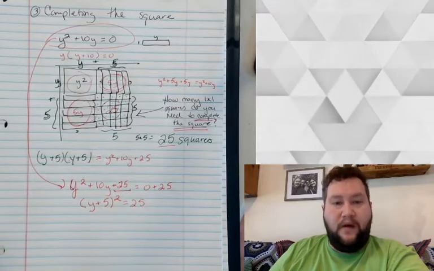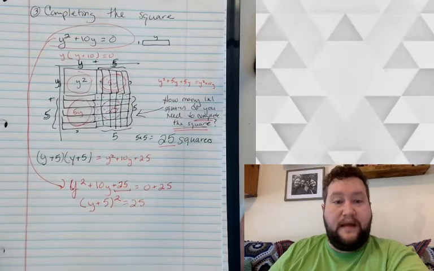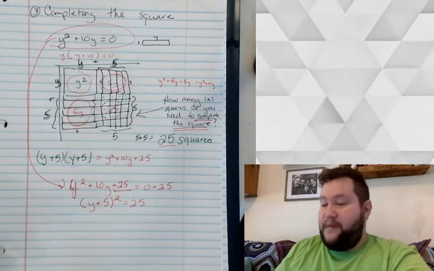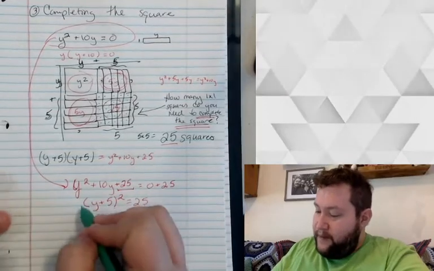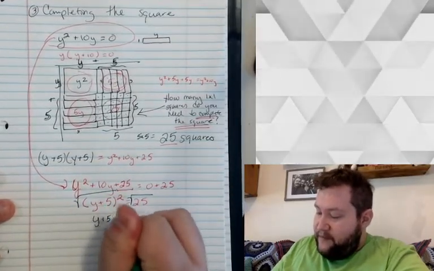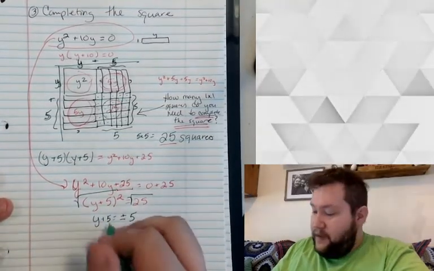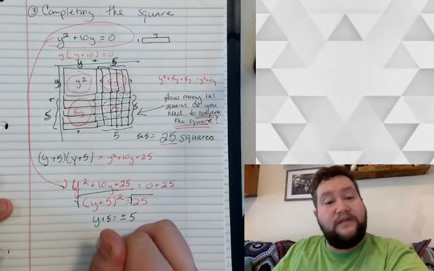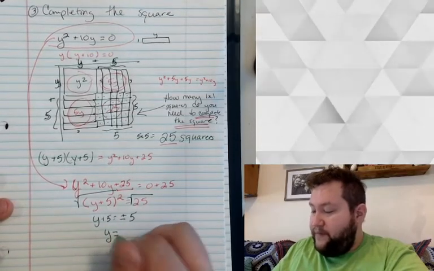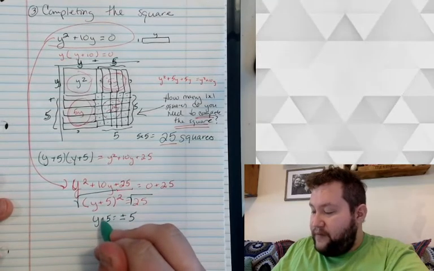And so you're like, okay, that looks a little bit easier. And then what can we do? We can use our square root method. We can take the square root of both sides. y plus 5 equals plus or minus 5. And I'm going to write this a little differently than I have before. y equals, I can subtract this 5 over, negative 5 plus or minus 5.